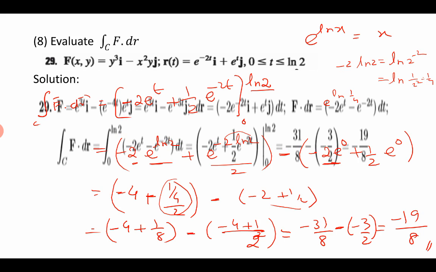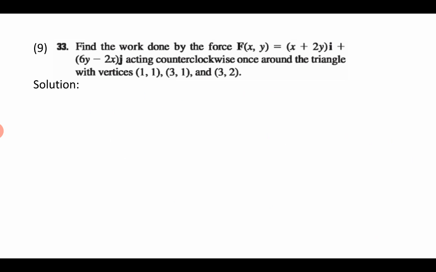The last problem. So the same task we have to do for 3 curves. There are 3 curves here. Find the work done by the force. Now work done by the force, an important question. Acting counterclockwise once around the triangle with vertices. So we should be alert about the vertices.